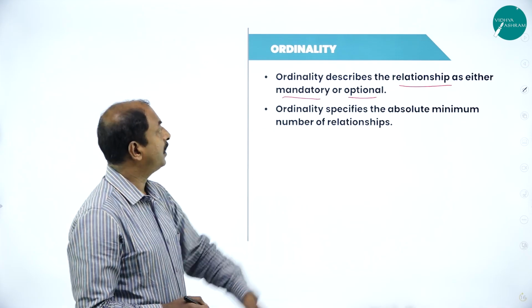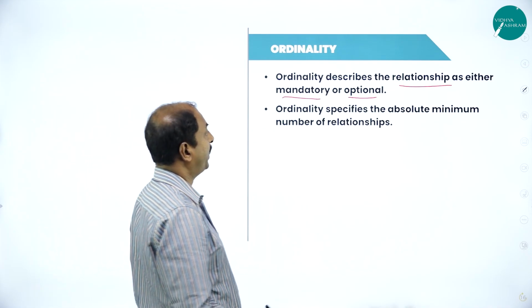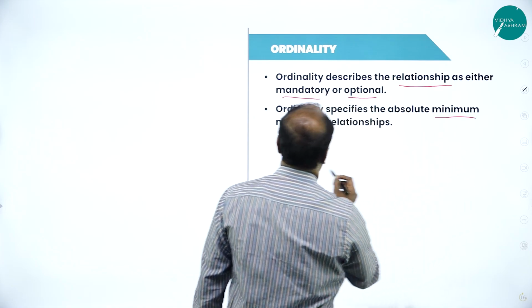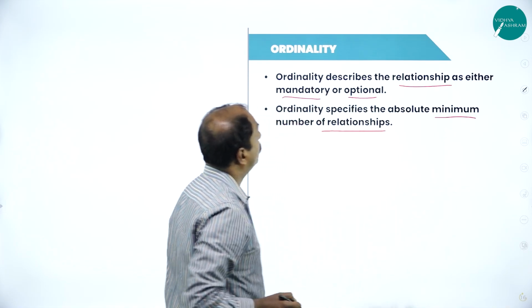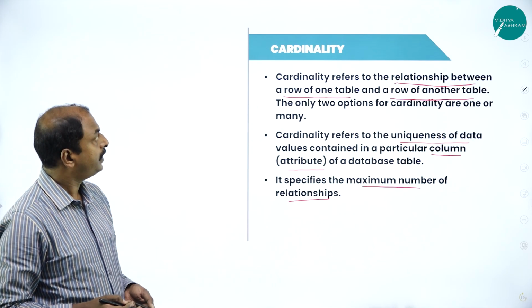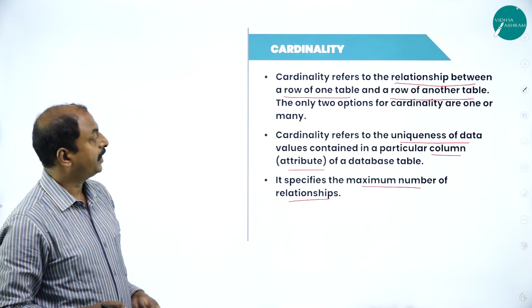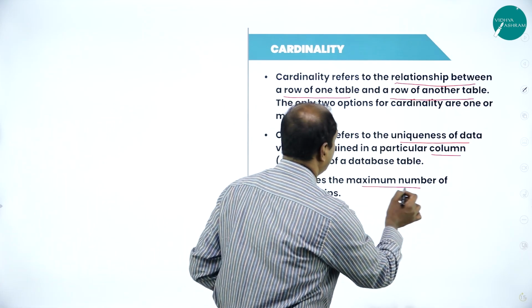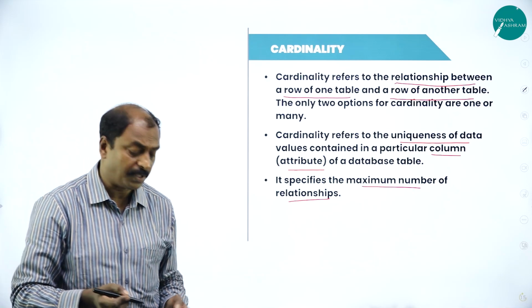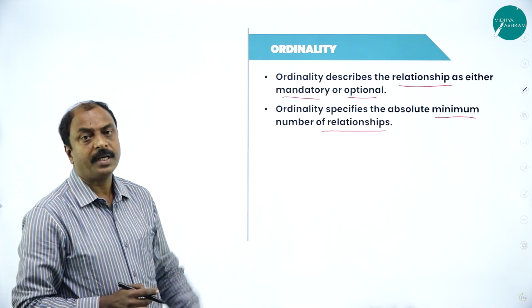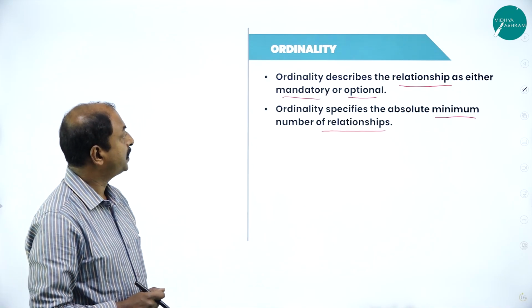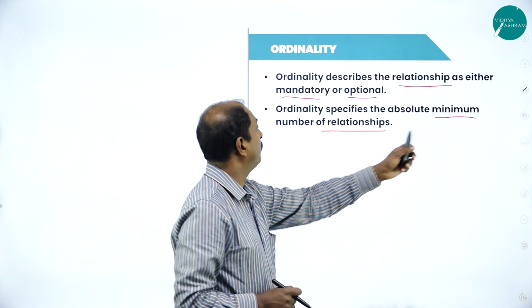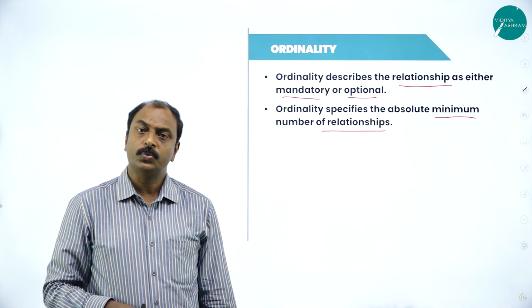So ordinality specifies a minimum number of relationships. If you look at cardinality, it specifies the maximum number of relationships between two tables, whereas ordinality specifies the minimum number of relationships between two tables.